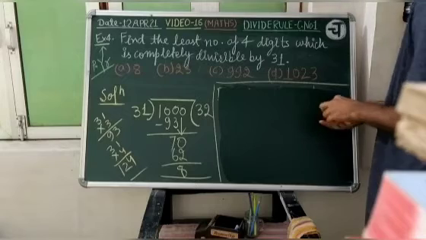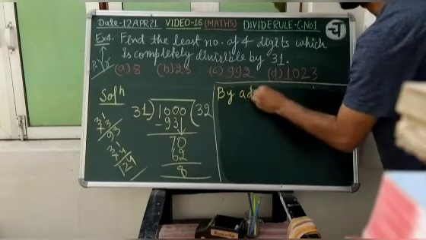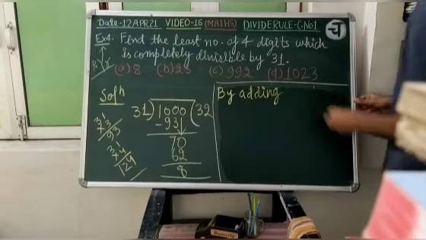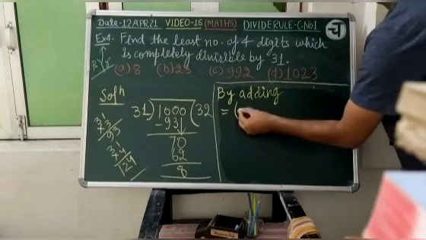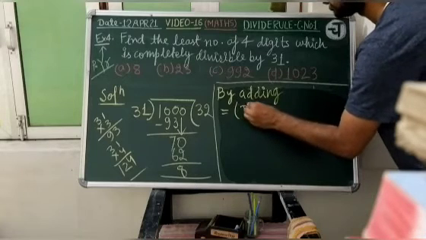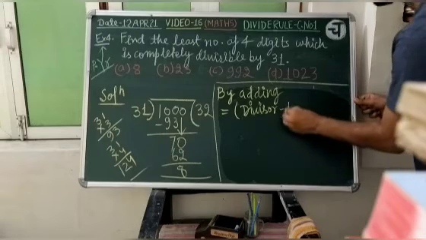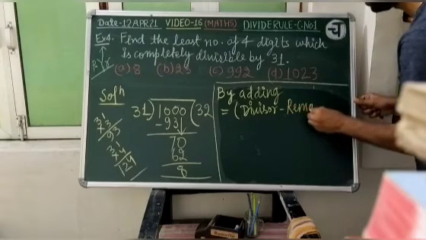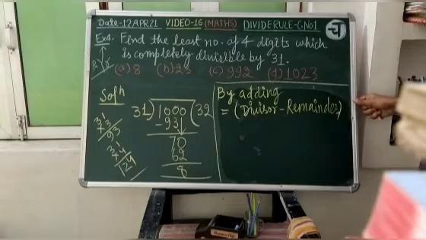Adding says to do divisor minus remainder.